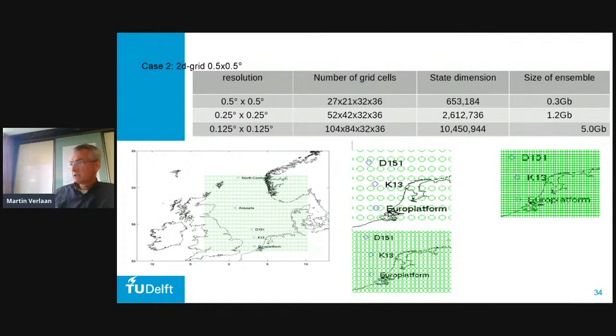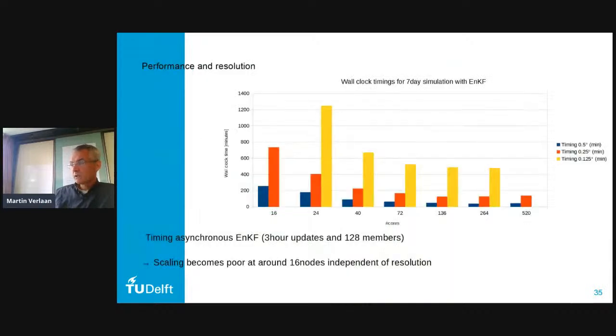That's why it has a significant state even for relatively modest models. And here you see that for larger models, computer times, of course, increase. But the asynchronous filtering really works well in increasing the performance.